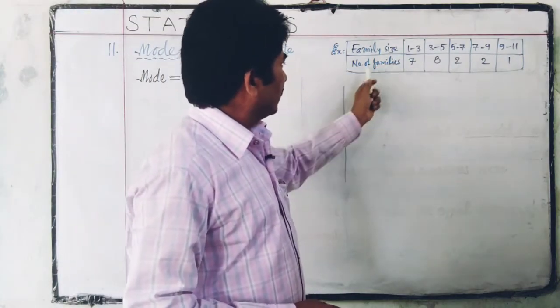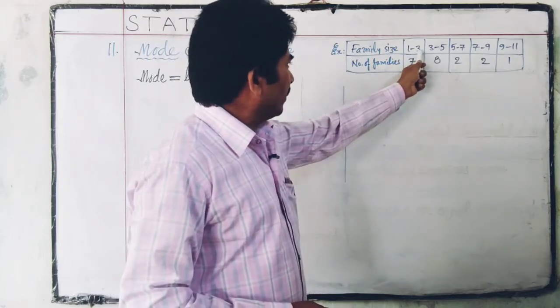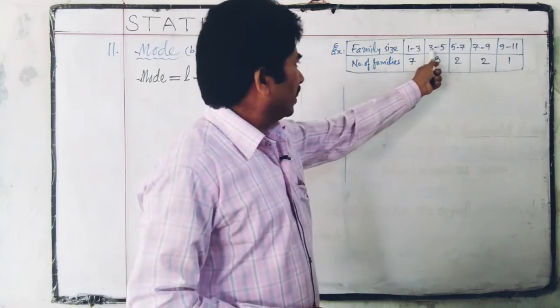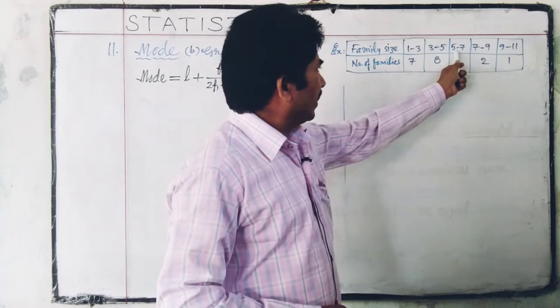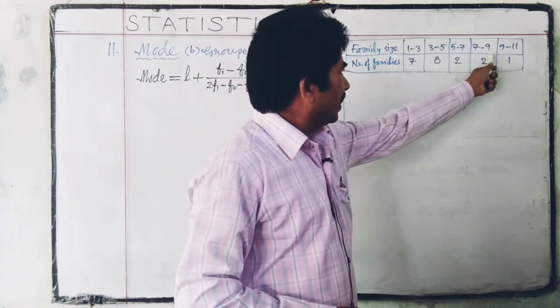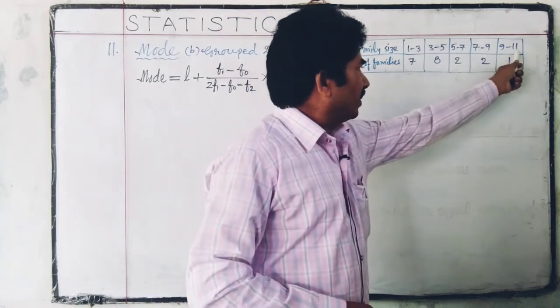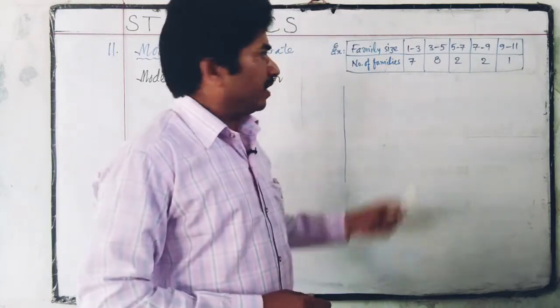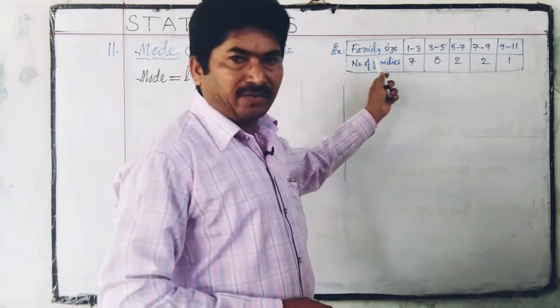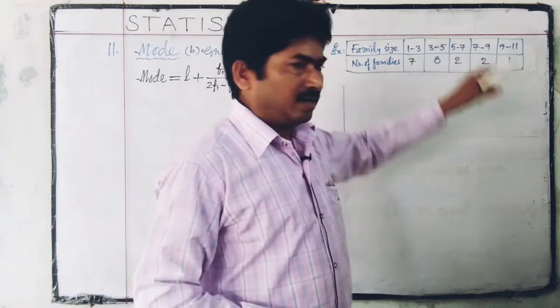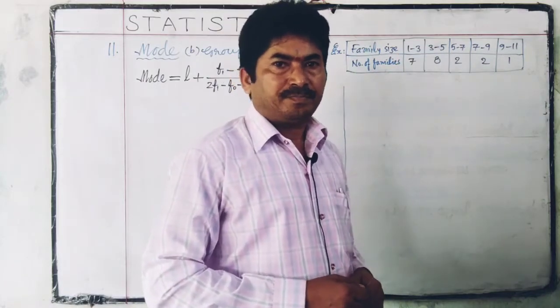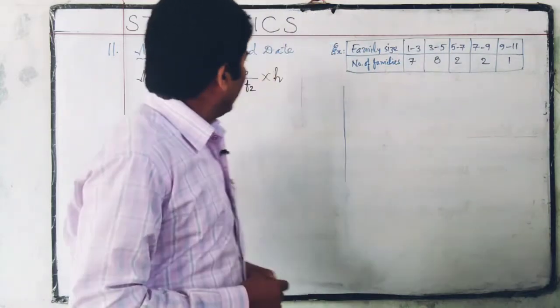Family size, number of families. 1 to 3 members 7, 3 to 5 8, 5 to 7 2, 7 to 9 2, 9 to 11 1. In a survey, someone collected this data. For this we have to find mode.